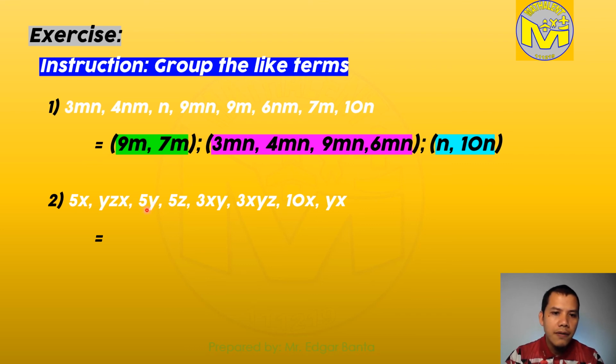How about Y? 5Y and 5Z. Y is just 1 and Z is just 1. So we cannot say that they belong to a group because they are just 1. Got it? So we just have 3 groups, the group X, group XY, and group XYZ.